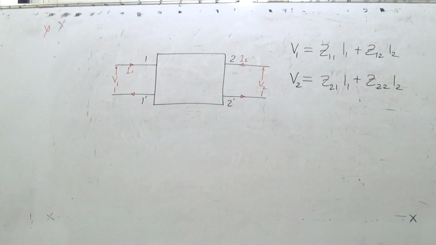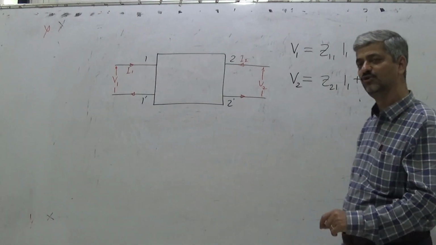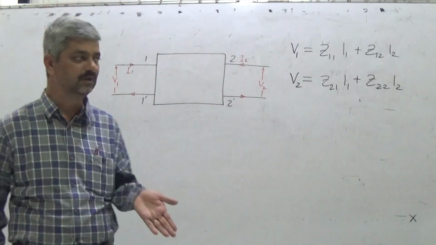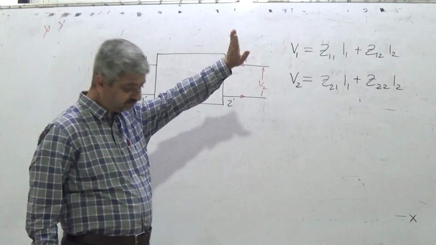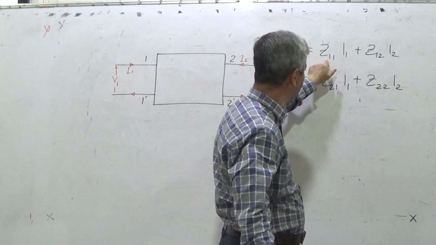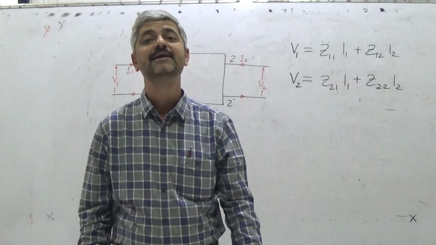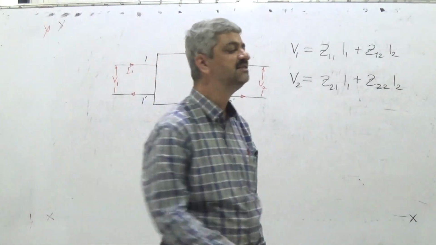For a two-port network, any two of V1, V2, I1, I2 is getting expressed as linear combination, which is a scientific word, or weighted sum of remaining two. Here we are expressing voltages as linear combination or weighted sum of currents. The units of these weights would be ohms. So these are called as Z parameters or impedance parameters.